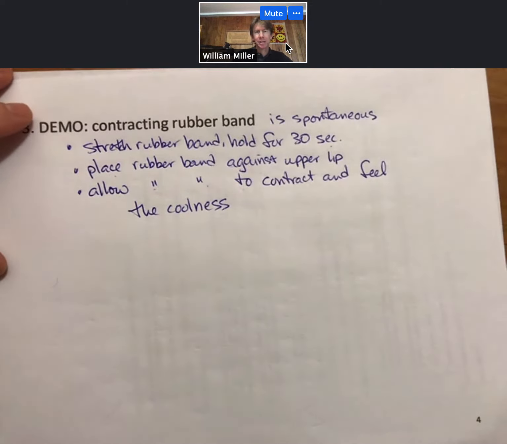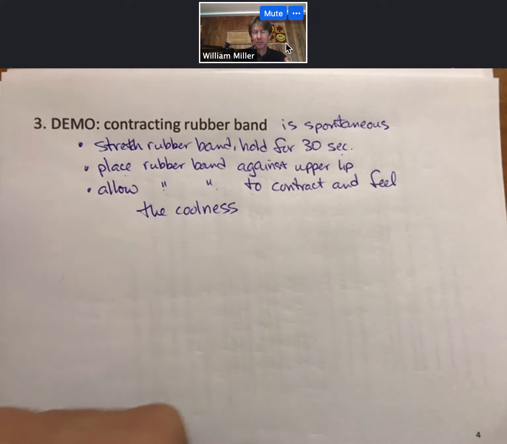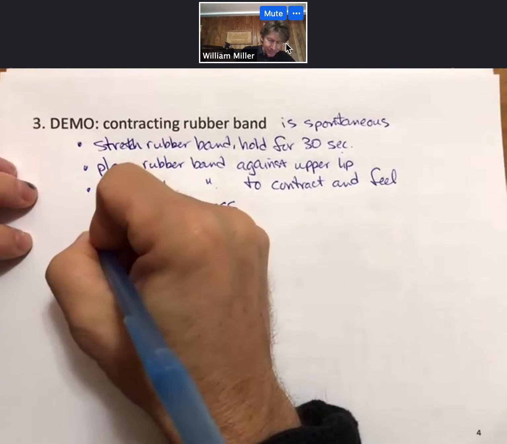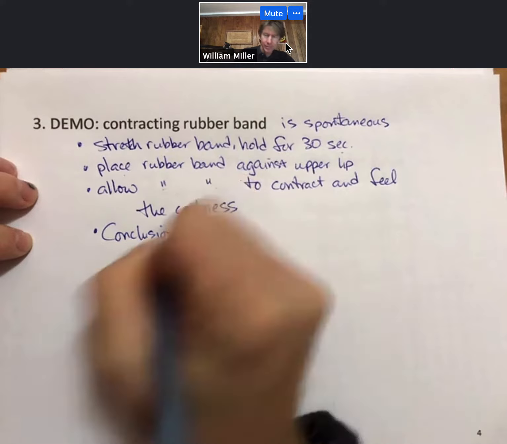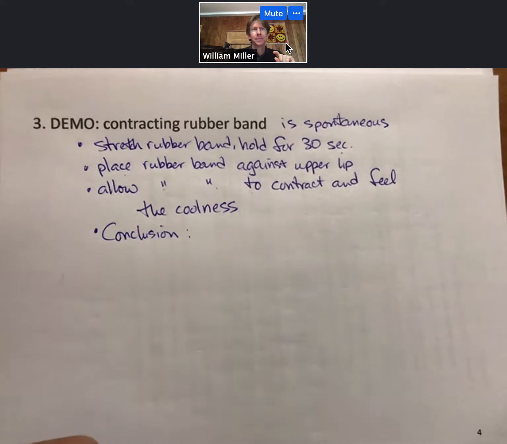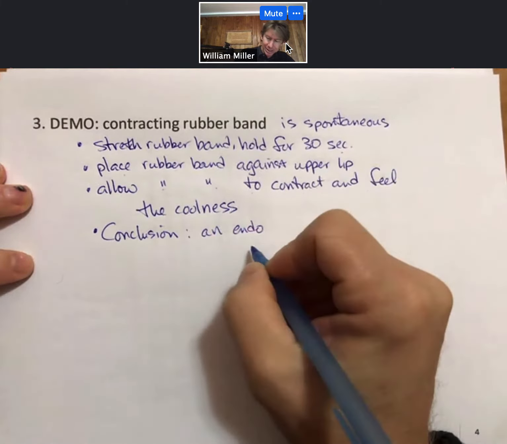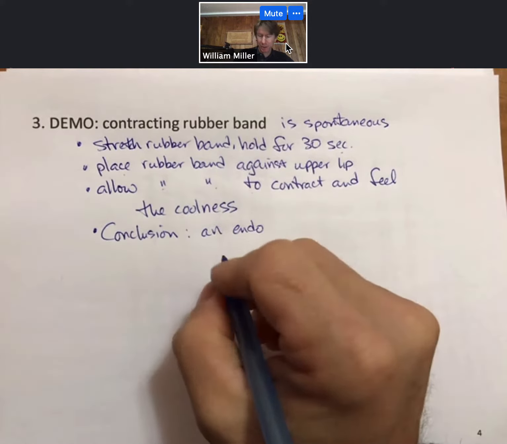And the reason we're doing this is to show you, in a simple, typically non-chemical, more of a physics way, that an endothermic process is spontaneous. The process is endothermic because it's taking in energy. That's why it feels cool.